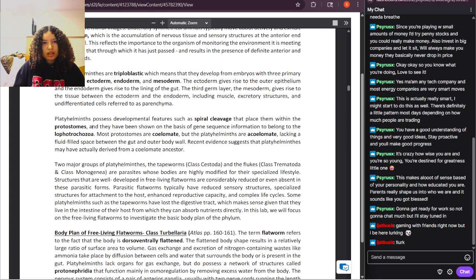Spiral cleavage. Lophotrochozoa. It's a fun word. Most protostomes are coelomate. Platyhelminths are acoelomate. They lack a fluid-filled space between the gut and outer body wall, but they may have derived from a coelomate ancestor.